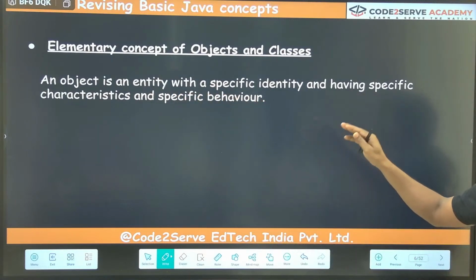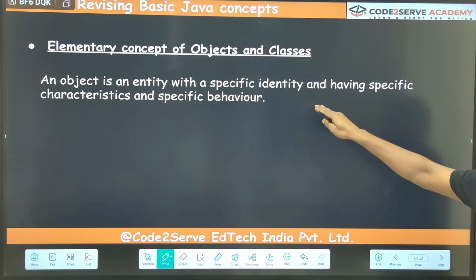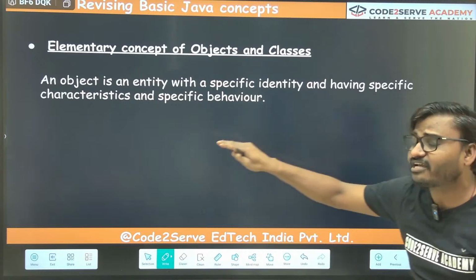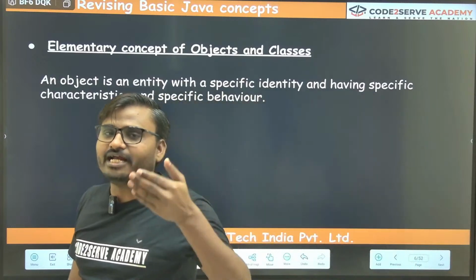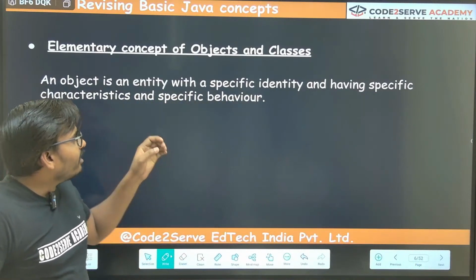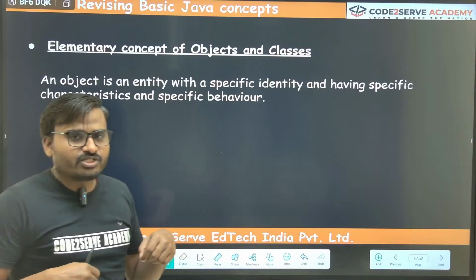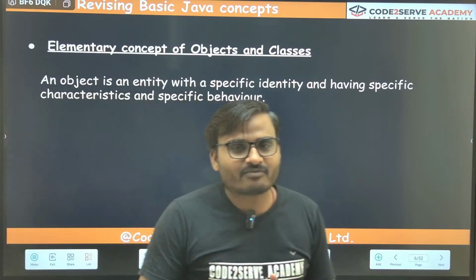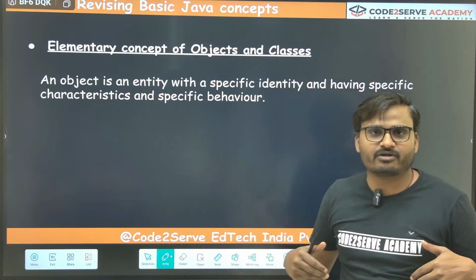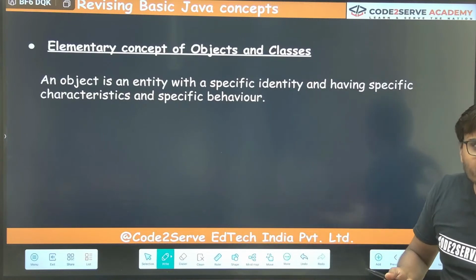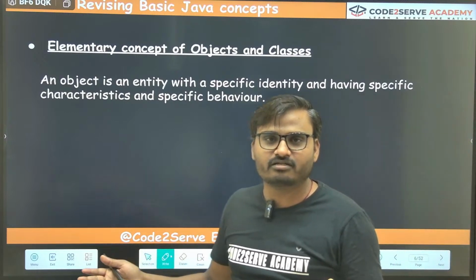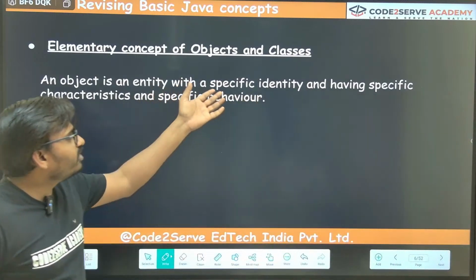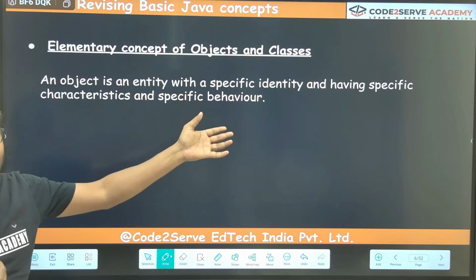It's a very important term, specific identity, and having specific characteristics and specific behavior. You don't have to learn, but try to imagine, right? As I'm teaching, I'm a person, I have some characteristics, I have some appearance, I have some behaviors. My behaviors, your behaviors, and others' behaviors are all different. Similarly, an object contains specific properties.